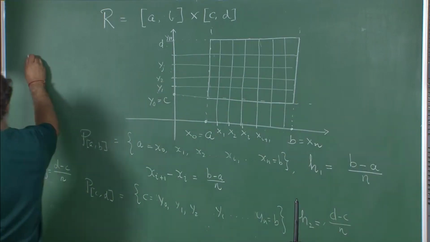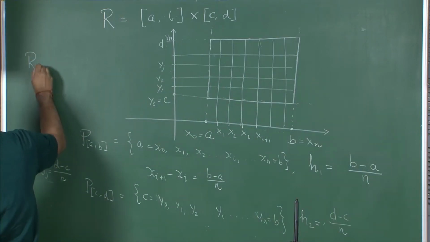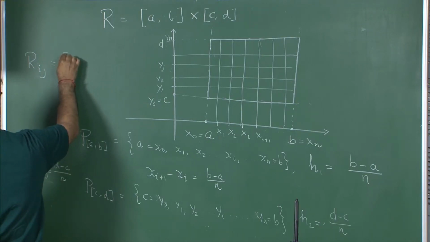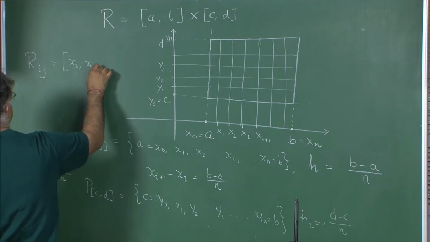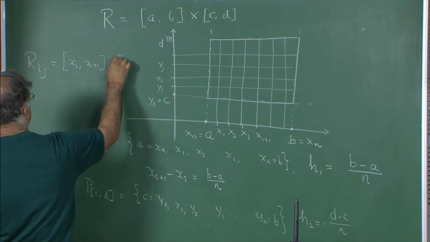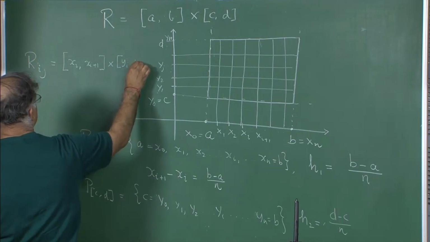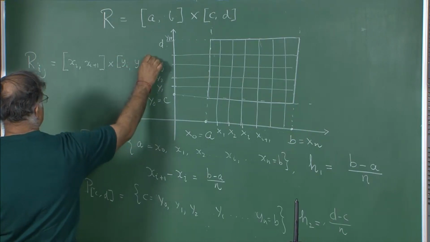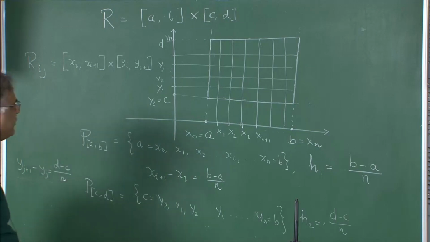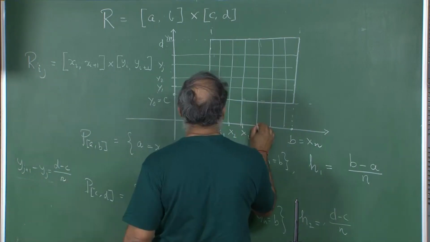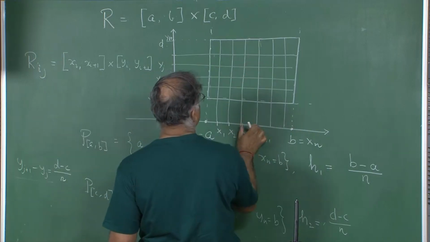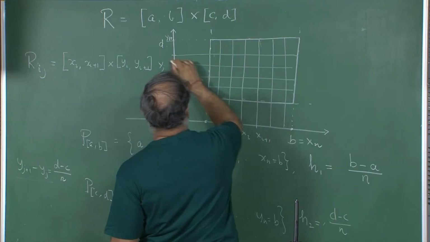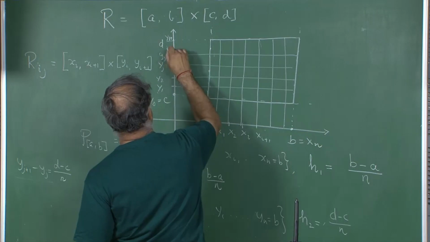So, Rij is the rectangular zone formed of the Cartesian product of xi plus 1 cross yj plus 1. This gives me say xi plus 1, and this zone, this one, is yj plus 1.